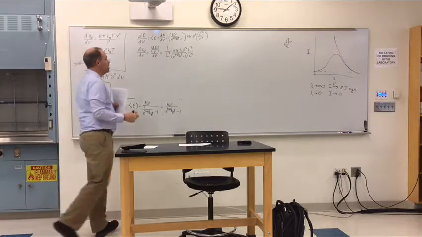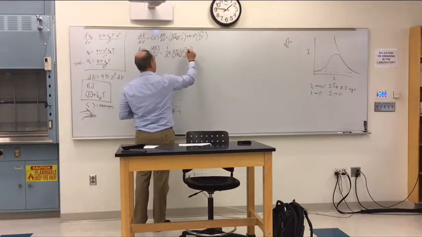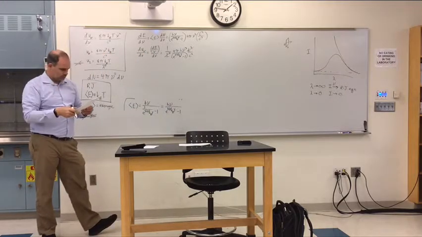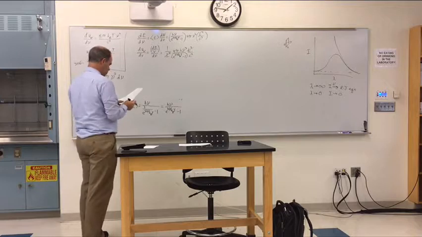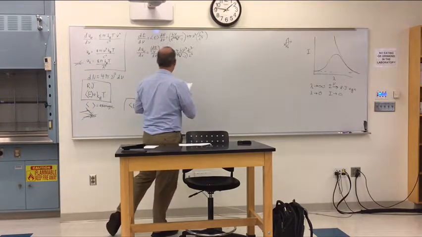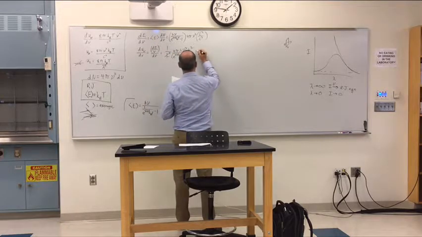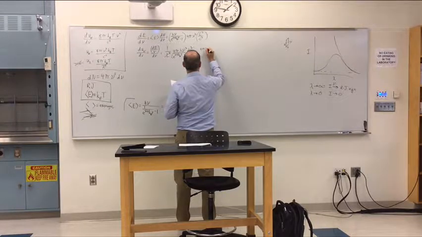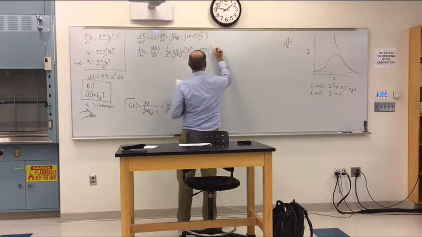Okay, just like before, we got L to the third up top and below. So this would give us 4 pi h. I'm going to pull all my constants to one side and then have that times the stuff that has a frequency in it.